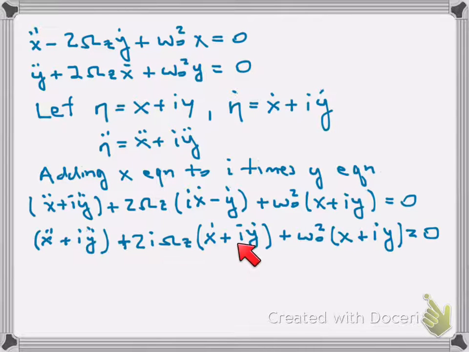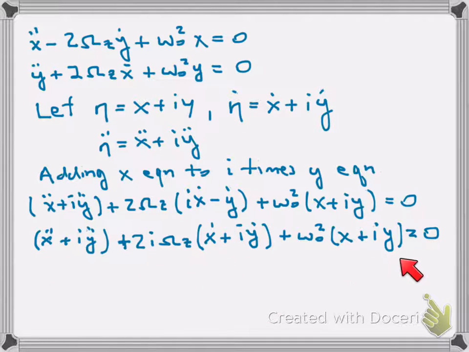So when I multiply this out, I'll get back the minus y dot I started with, so long as I change the minus sign to a plus i. So now I'm in a good position, because now I have x double dot plus iy double dot, x dot plus iy dot, and x plus iy.